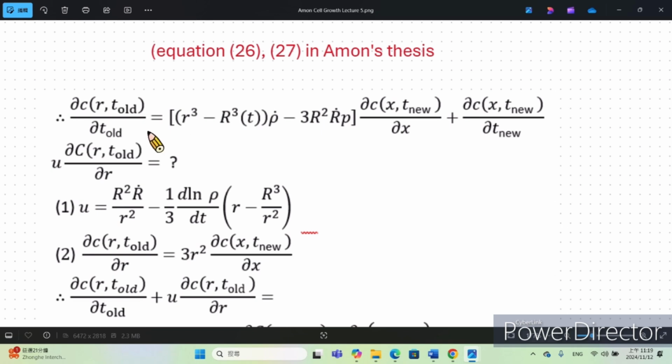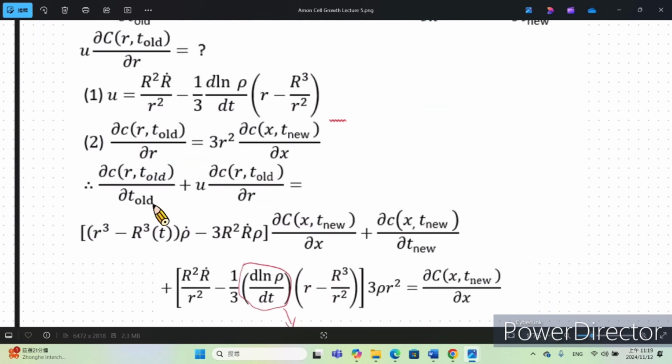This is the equation. I substitute this into this part, and here's the answer.